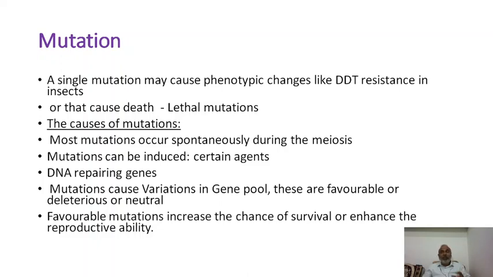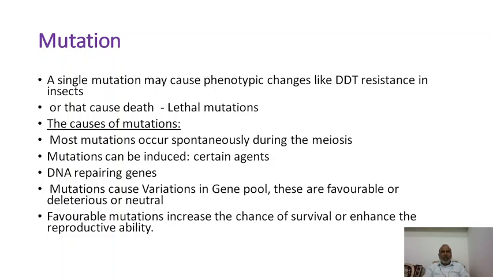There are induced mutations, artificial mutations. Certain agents like colchicine, mustard gas, ultraviolet radiation, X radiation, and certain drugs can cause mutations. Mutations may be spontaneous, universal, natural, or they can be induced.